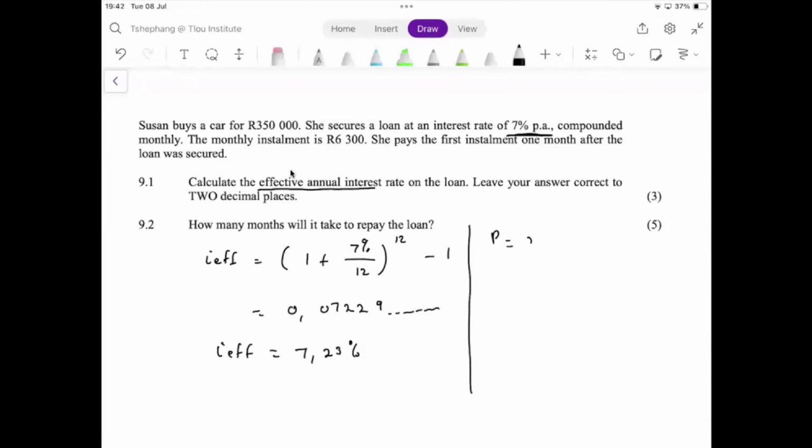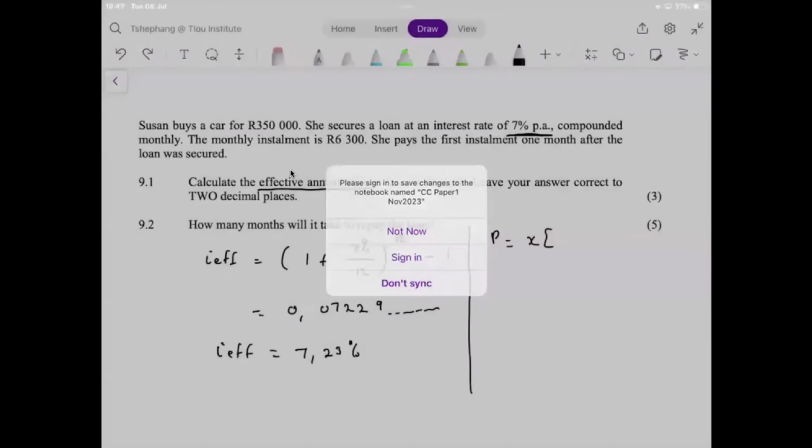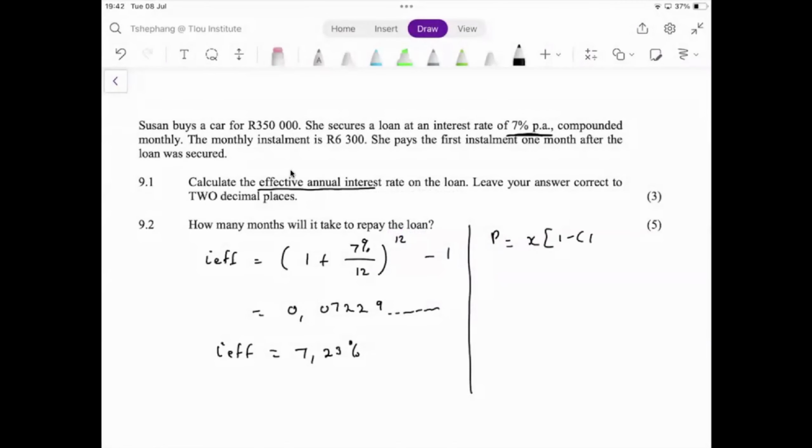So P is equal to x times, let me just fix that. Just a second. Sorry about that. (1 minus (1 plus i) to the negative n) over i. Don't be like me. Please rely on the formula sheet for the formulas, in case I made a mistake, but I think we're all good.